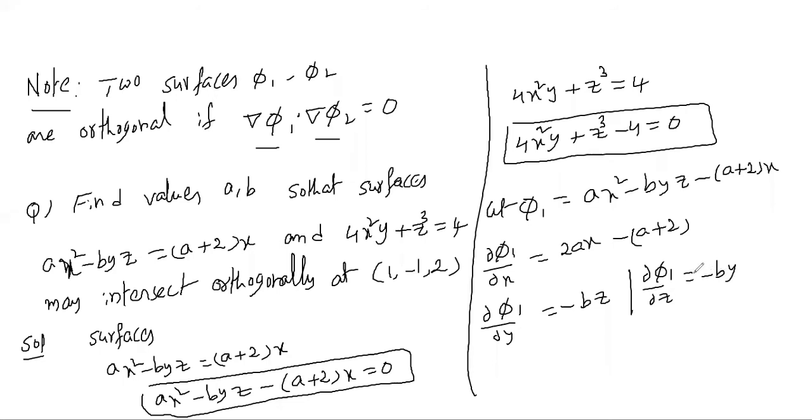Okay. So now we got dou pi 1 by dou x, dou pi 1 by dou y, dou pi 1 by dou z. So next, del pi 1. What is the del pi 1 formula? i into dou pi 1 by dou x, j into dou pi 1 by dou y, k into dou pi 1 by dou z.